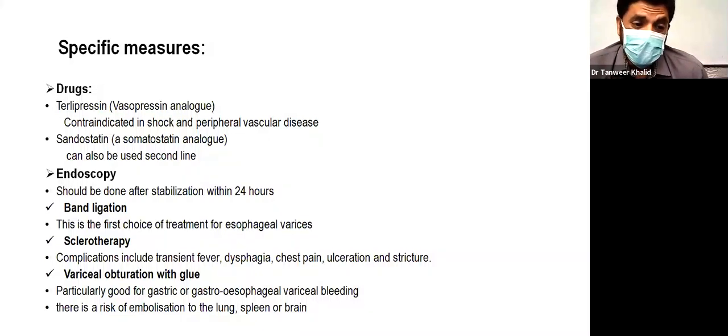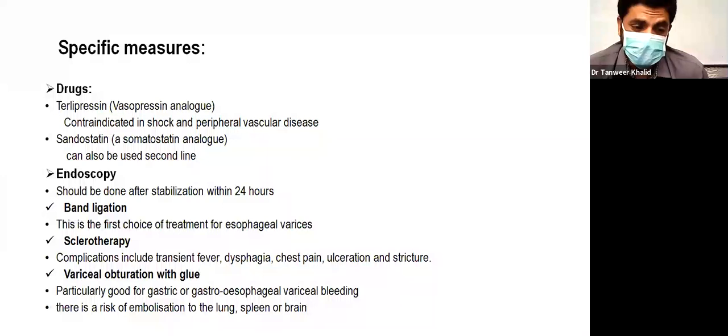What options do we have in endoscopy? Band ligation is the first choice of treatment for esophageal varices. Whenever we do endoscopy and find esophageal varices, our treatment option would be band ligation. Another option is sclerotherapy.